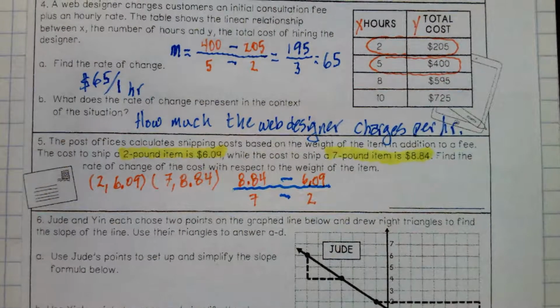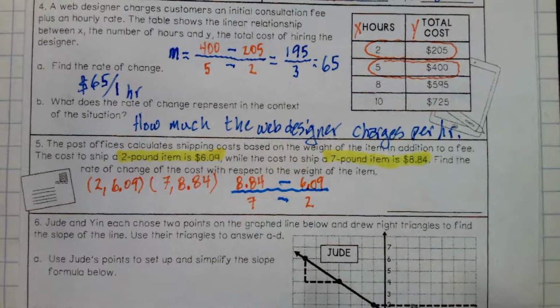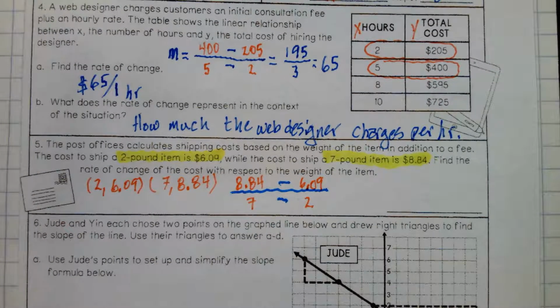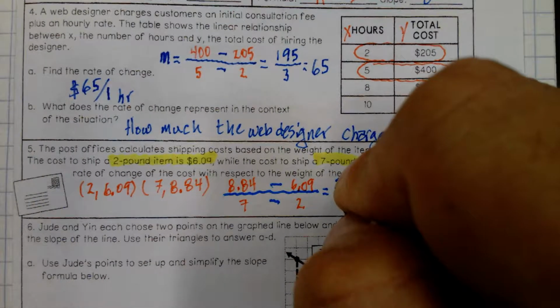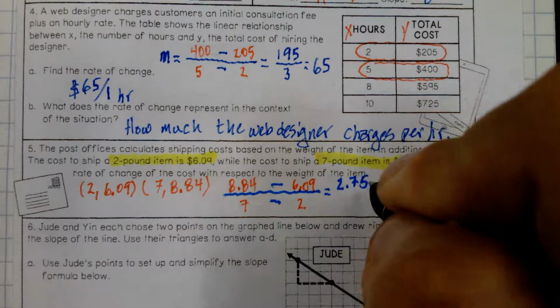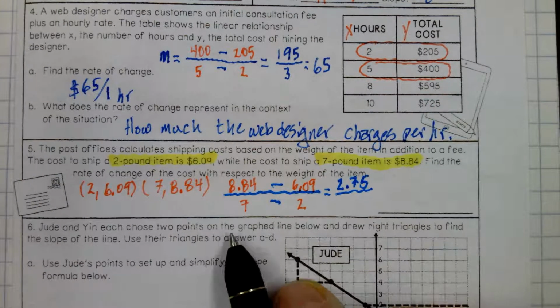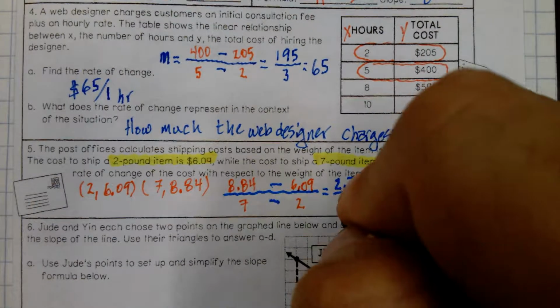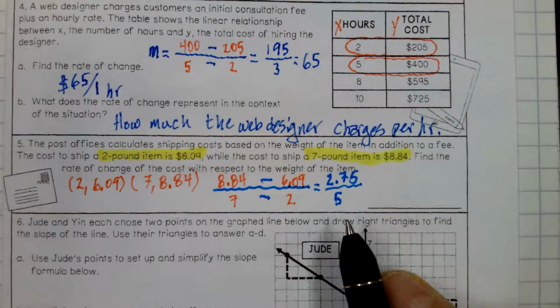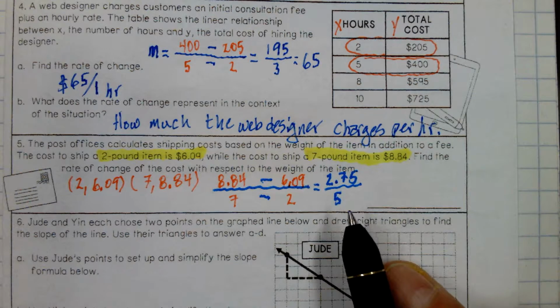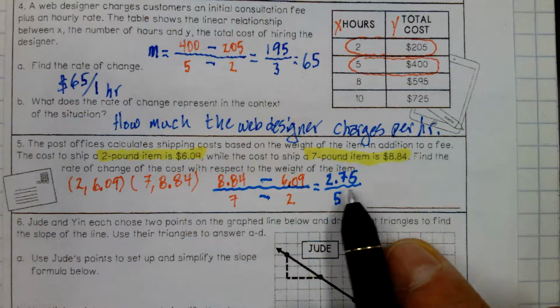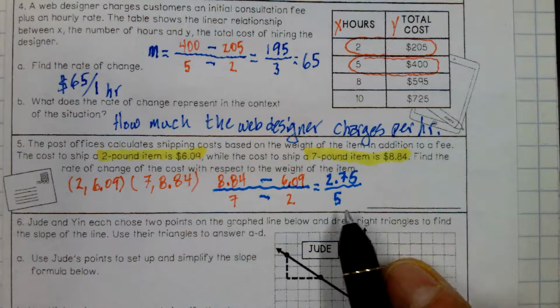And if we subtract this, what do we get? $2.75. And then 7 minus 2 is 5. So this tells us it's $2.75 for 5 pounds. Let's get the cost per pound. Let's divide 275 by 5.